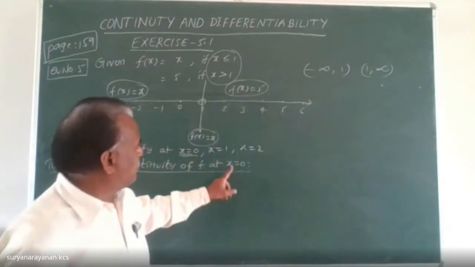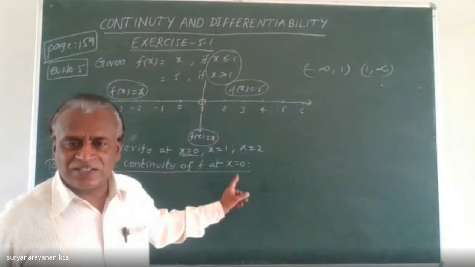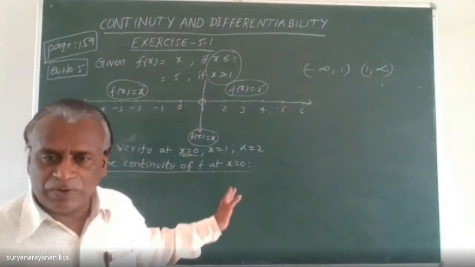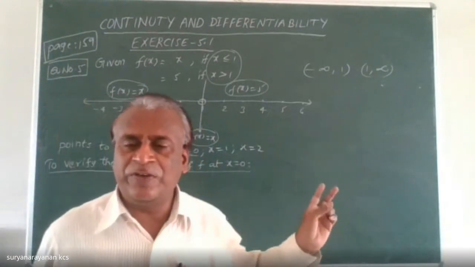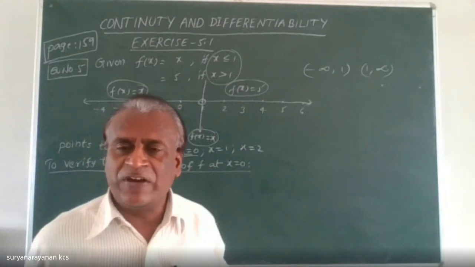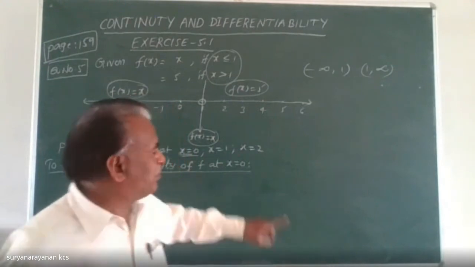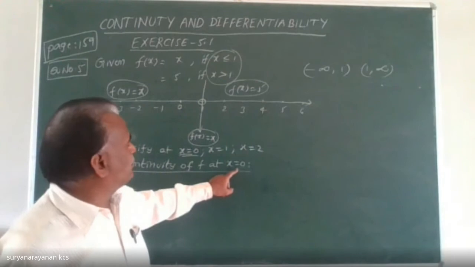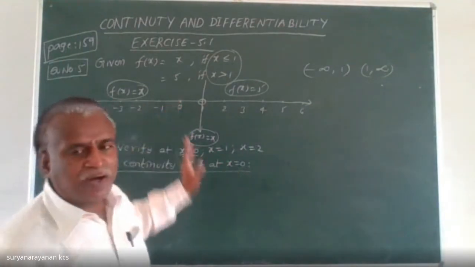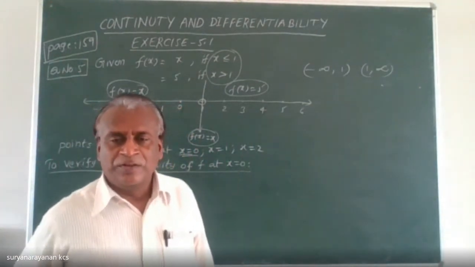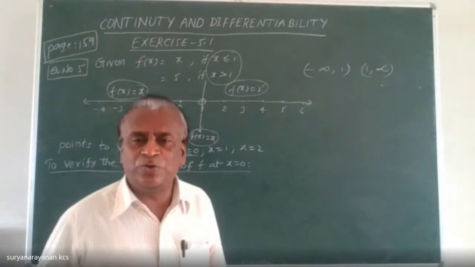Okay. Now, but see this point. At this point 0, f is defined in 2 different ways. Is the function defined in 2 different ways at this point 0? At this point 0, see here.